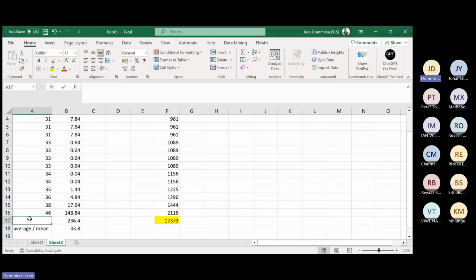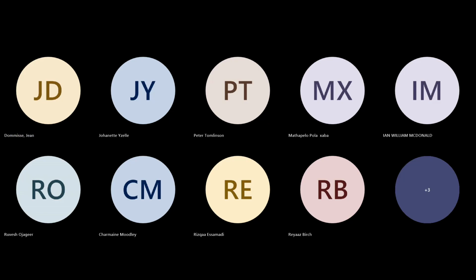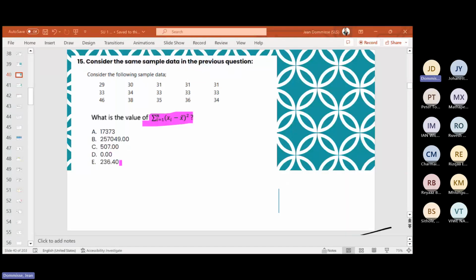So I'm just going to add that sum, because there we also did the sum. 236.4. Sure. Let's see if that is even on the list, because that seems so small. Okay, 236.4. So there it is.